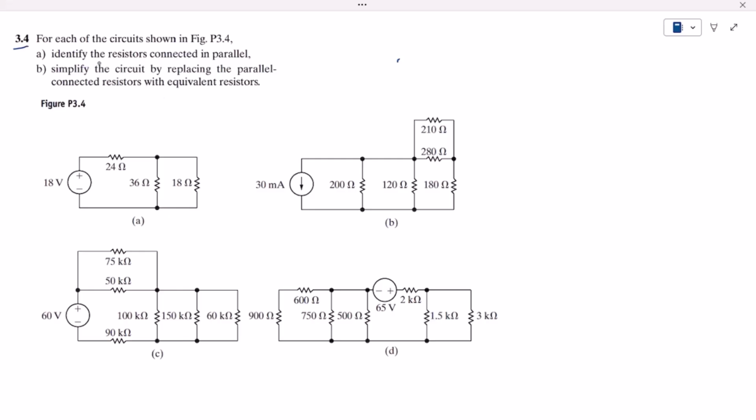we have to identify the resistors connected in parallel. So how would you identify whether two resistors are in parallel or not?